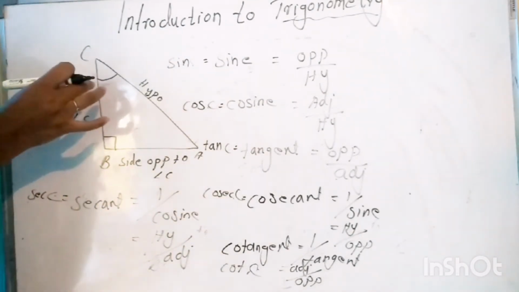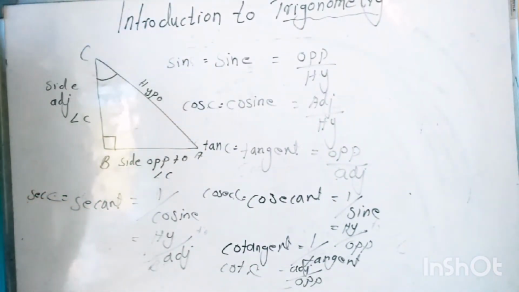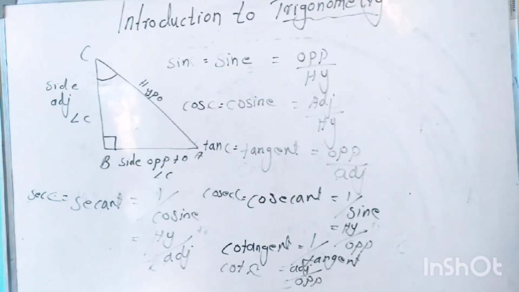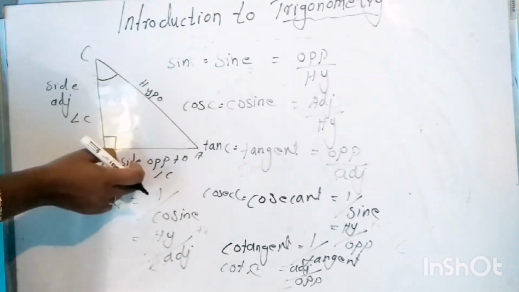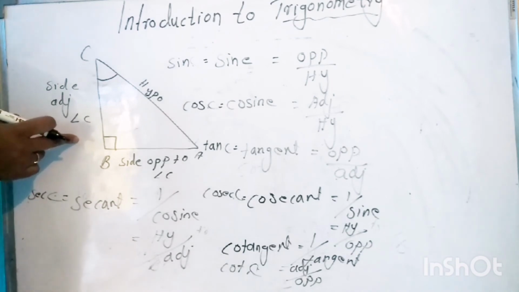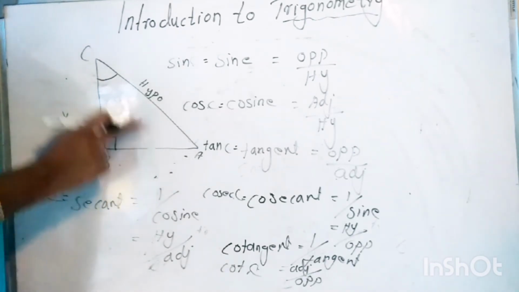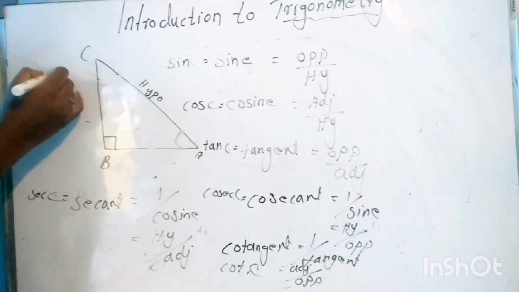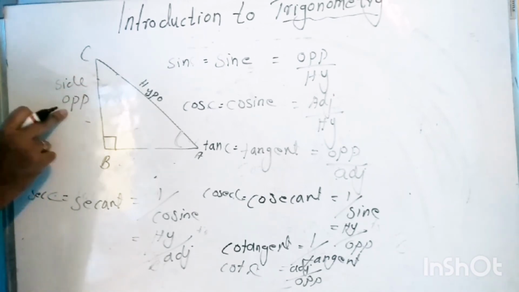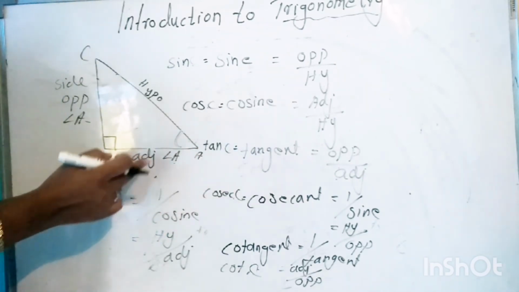We can take these trigonometric ratios with respect to this angle C, or with respect to this angle A. That is not a problem. The side opposite and side adjacent we write with respect to angle C. If you want to write them with respect to angle A, then this is the side opposite to angle A, and the side adjacent to angle A is AB.